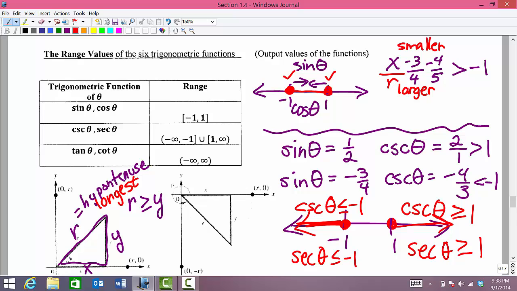So the reciprocal values do exactly the opposite as far as their outputs go. So that's why we get this in interval notation. We have -infinity all the way to -1, and then we union that, or we skip over everything between -1 and 1, and then we pick up again from 1 to positive infinity for secant and for cosecant.